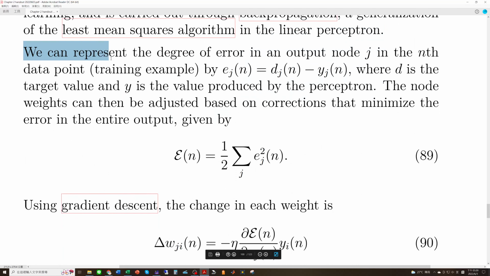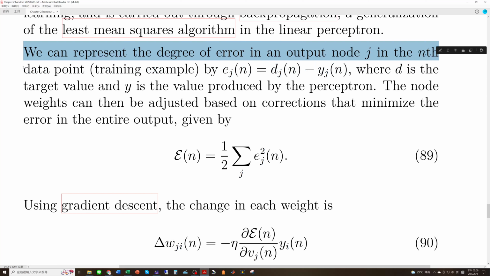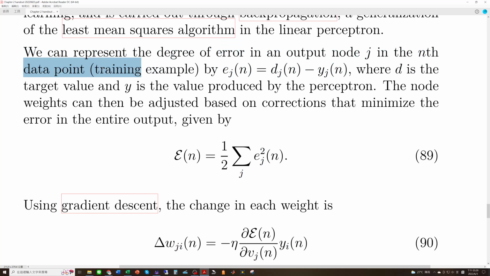We can represent the degree of error in an output node j in the nth data point, or training example, by Ej(n) = Dj(n) - Yj(n), where D is the target value and Y is the value produced by the perceptron.